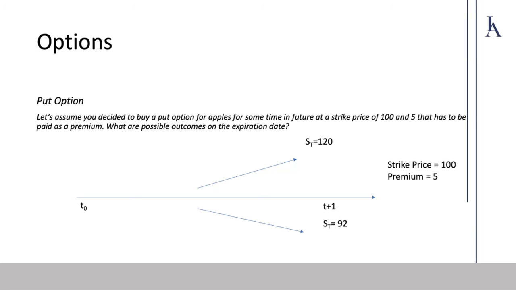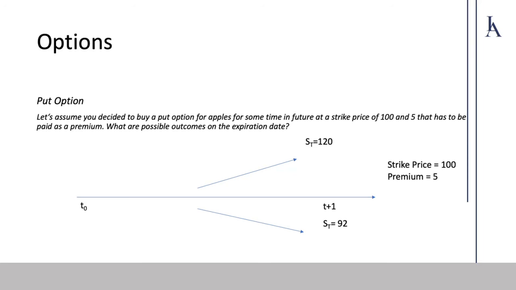Let's think about what happens when the price for it is 92. What happens then? Entering a put option, your idea was to protect yourself against the drop in prices, correct? So this has happened. The price in the market is 92, but you have an option to sell at 100.